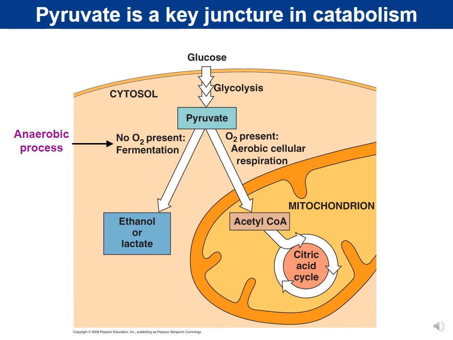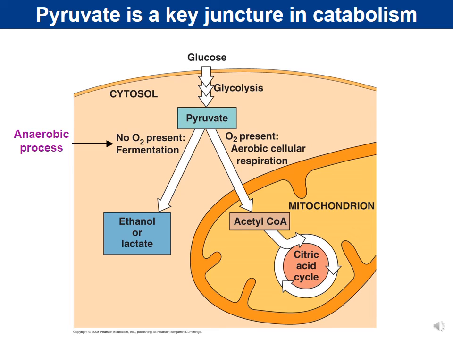So pyruvate serves as the key juncture between whether the cell is going to do fermentation or whether it's going to do cellular respiration. So if O2 is present, pyruvate will get transferred into the mitochondria. It will go through the transition step, the citric acid cycle step, and an electron transport chain.